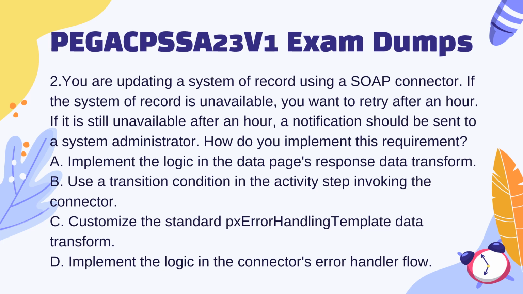A. Implement the logic in the data page's response data transform. B. Use a transition condition in the activity step invoking the connector. C. Customize the standard PX error handling template data transform. D. Implement the logic in the connector's error handler flow.